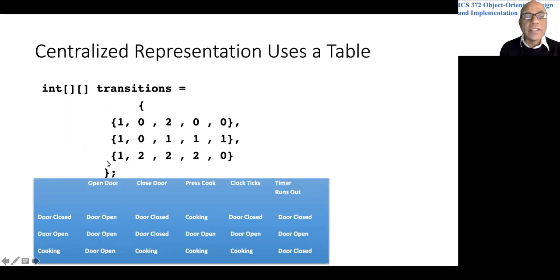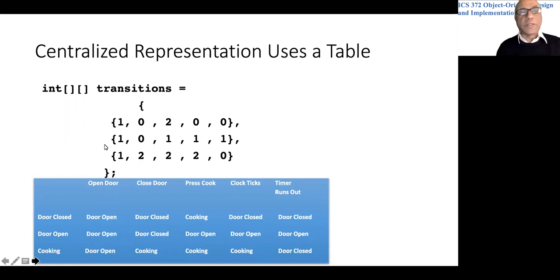So here is the table that we will have in Java if you were to use this approach, the centralized representation. This is the state transition table of the microwave, the reduced state transition table. And this is the corresponding Java implementation of this table.